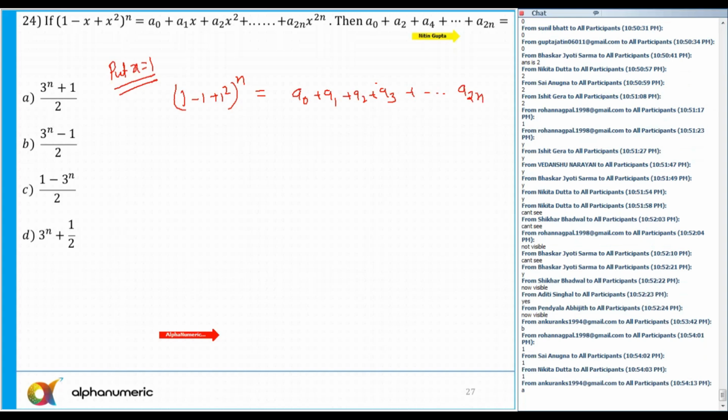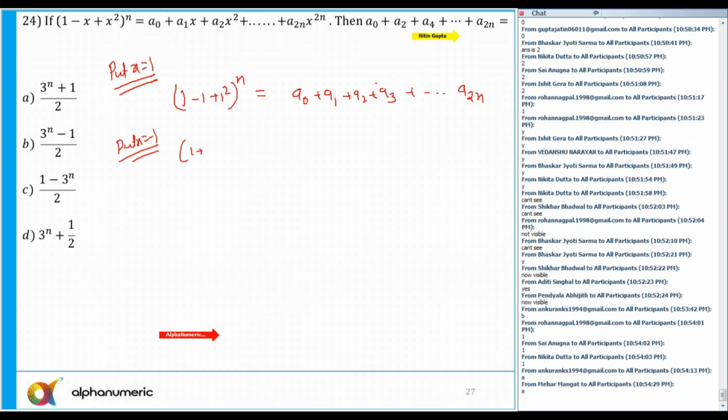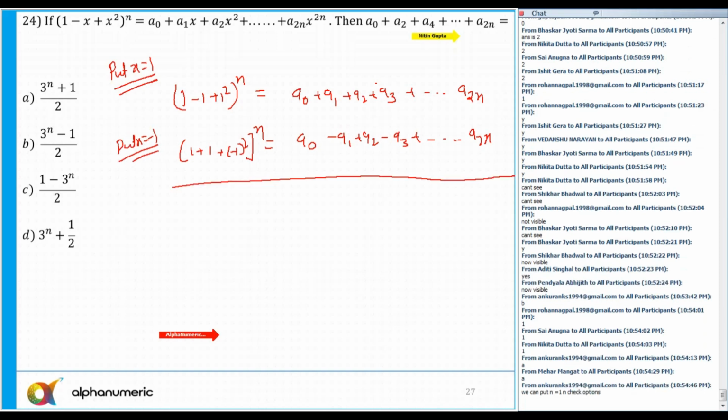Next, put x equal to minus 1. So I'll get the whole square raised to power n, and alternate signs, that is a0 minus a1 plus a2 minus a3 and so on till a2n. Now what do I need to do, add or subtract?